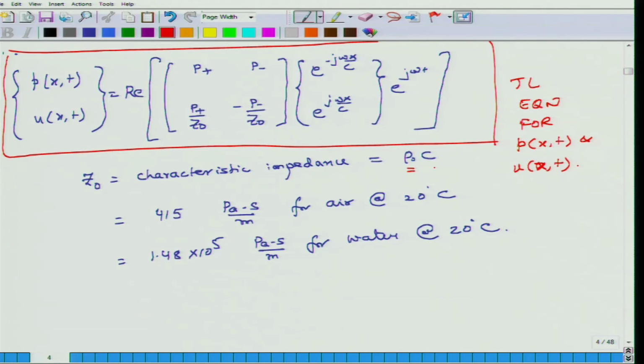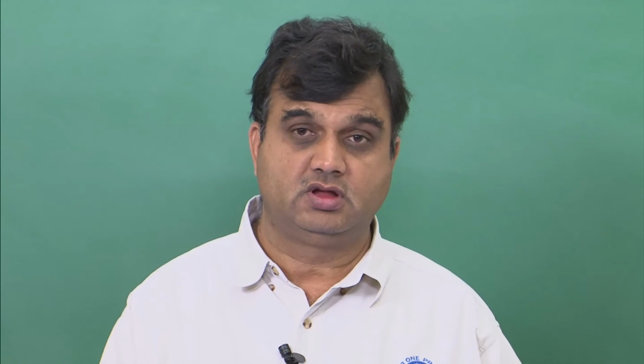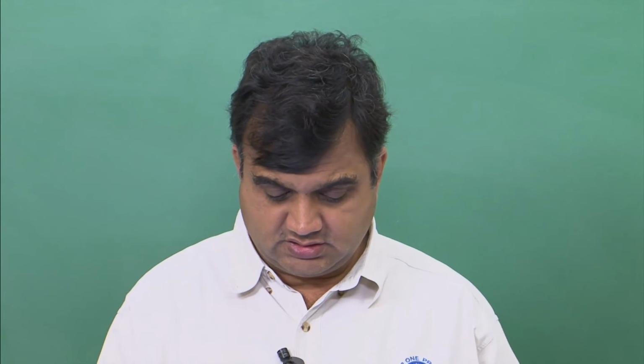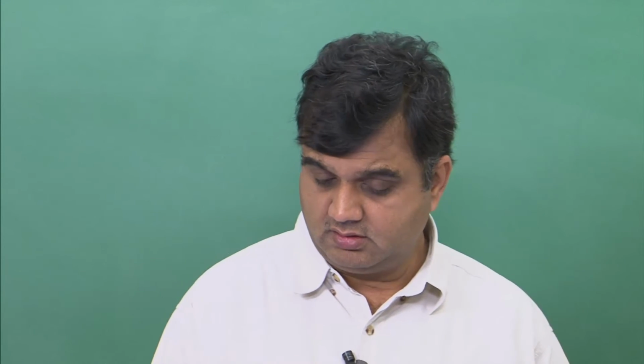It only depends on the density of the medium and the velocity of sound in the medium, so it does not depend on the location or time. That is why it is known as characteristic. It is a characteristic of the medium, and its units are Pascal second per meter.